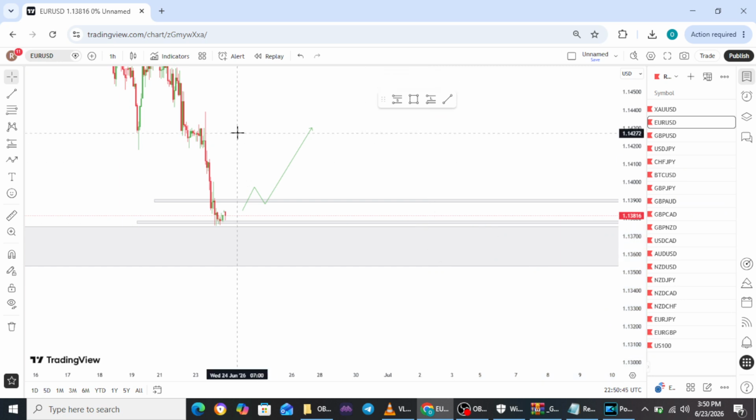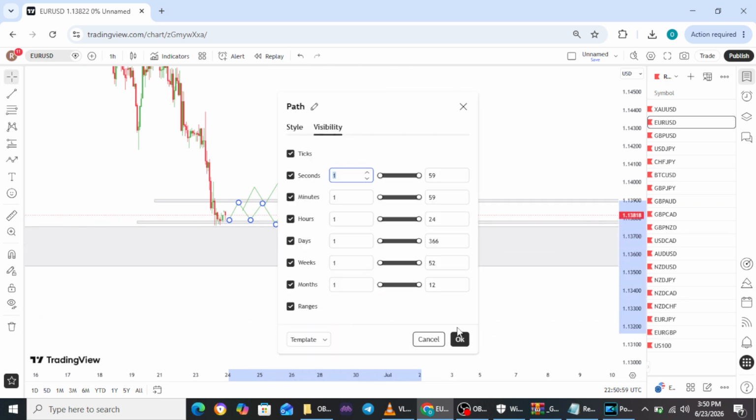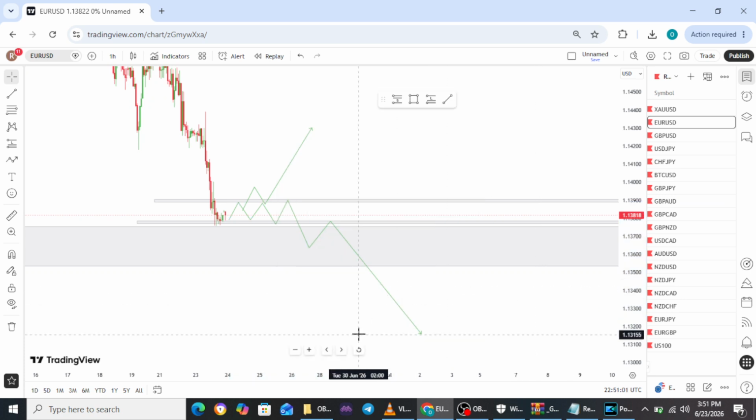Now, the second setup, the market can consolidate, consolidate, then break from this structure, retest, then move to the downside. These are the two possibilities you should be watching out for today, the 24th day of June.